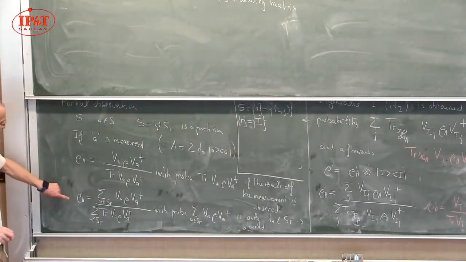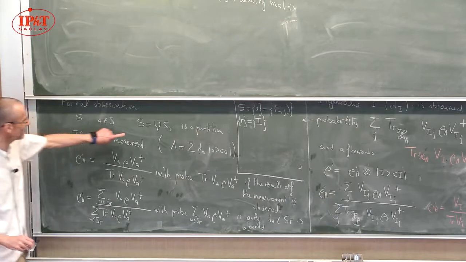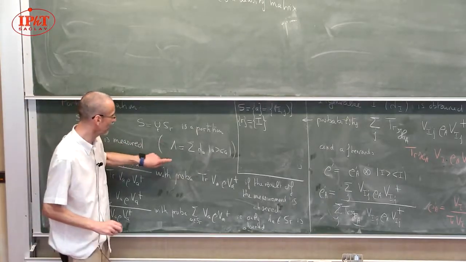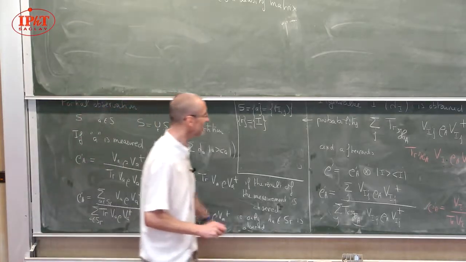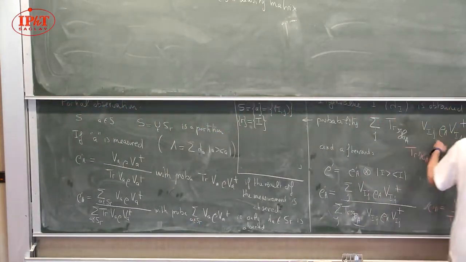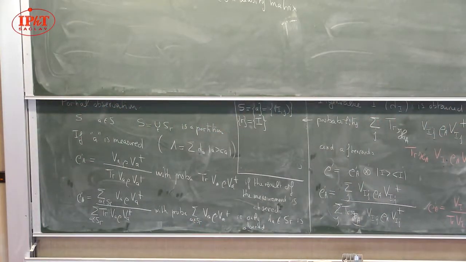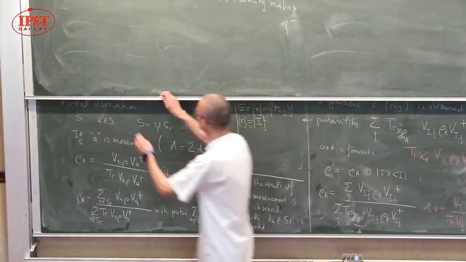But here what we do is do a partial reading, and the initial state for B was just a pure state, psi. And here we have taken a density matrix for rho B, and the effect is exactly the same on A. But beware, this is important.